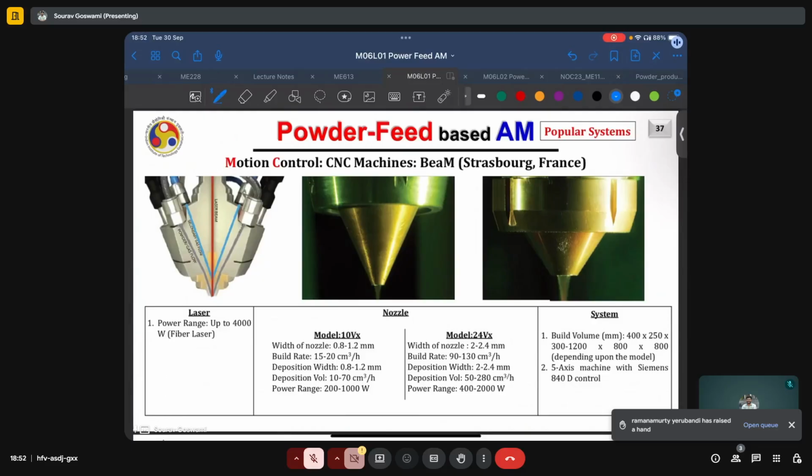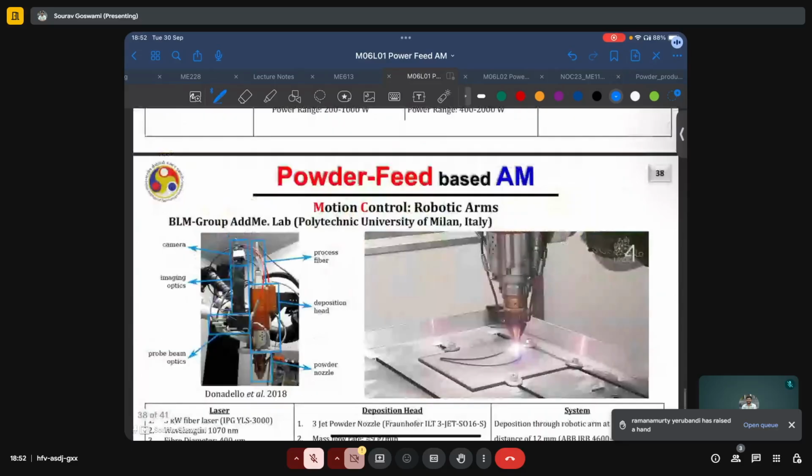Deposition volume can be between 10 to 280 cubic centimeters per hour, and power ranges can be between 200 to 2000 watts. The build volume is of the order of 400 by 250 by 300 to 1200 by 800 by 800 mm, and typically comes with a 5-axis machine with seamless controller.